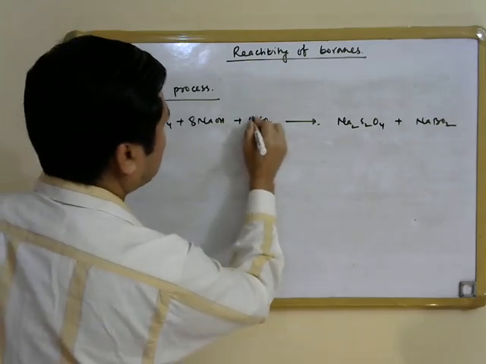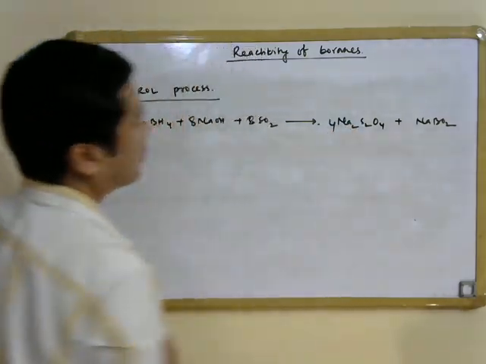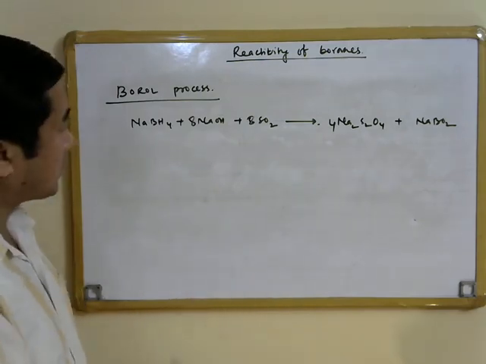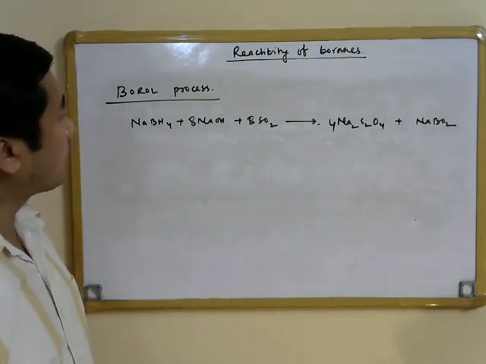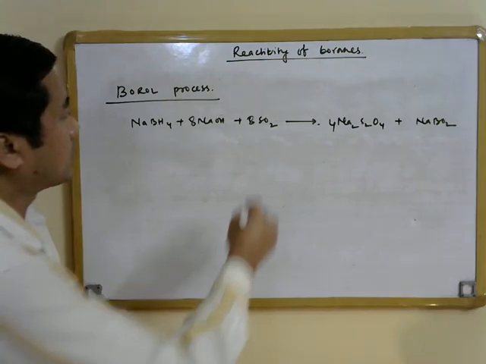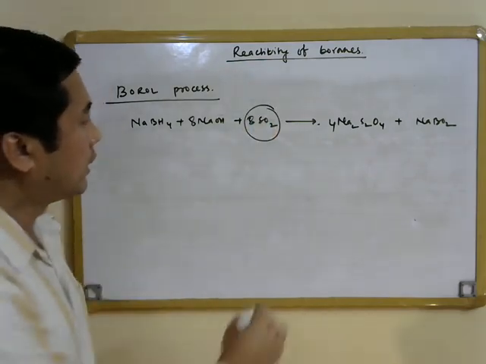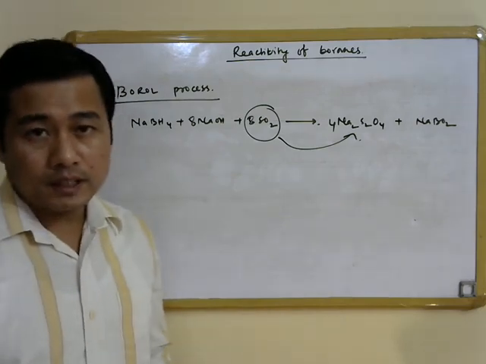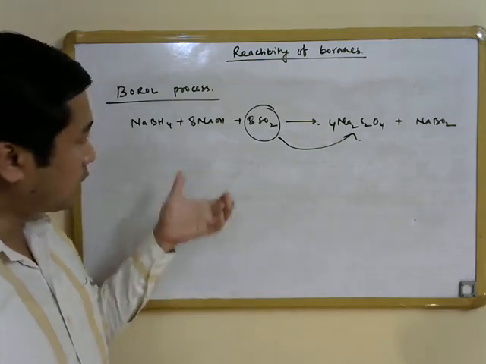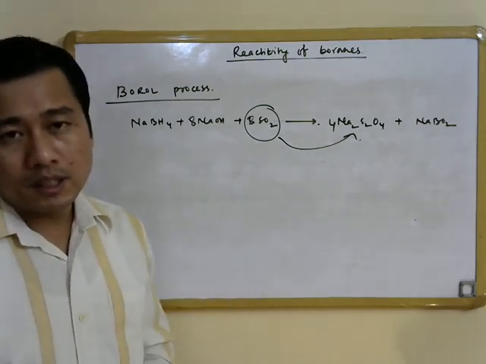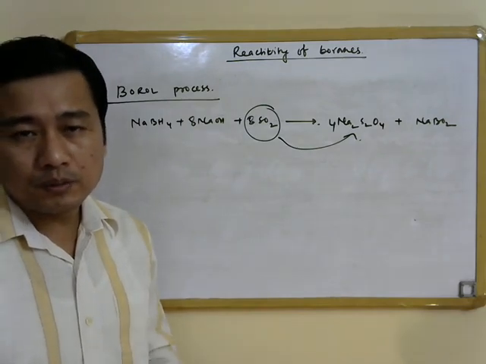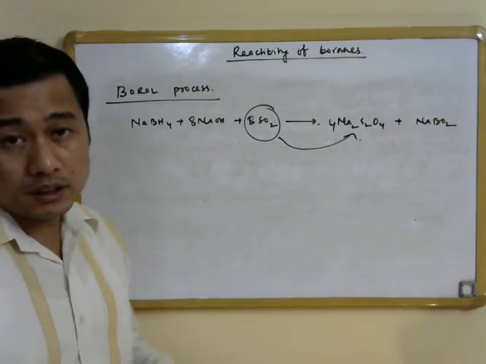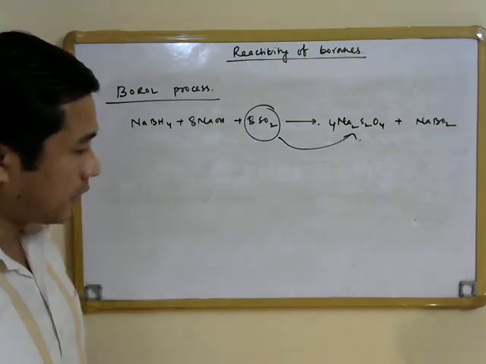This is 8, this is 8, and this is 4. When we try to balance the reaction, we'll have to put these numbers over here. During the Borol process, essentially this SO2 is reduced to the S2O4 2- ion, and this is an important process in the bleaching of wood pulp during the manufacturing of paper, and that is why this reaction is an industrially important reaction.